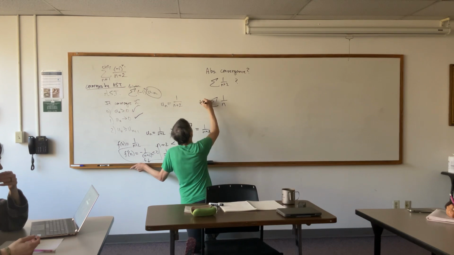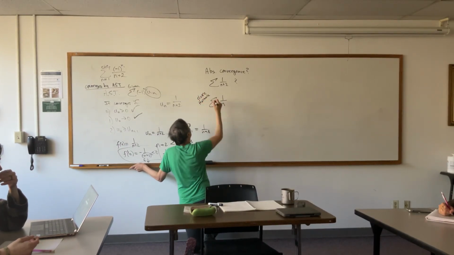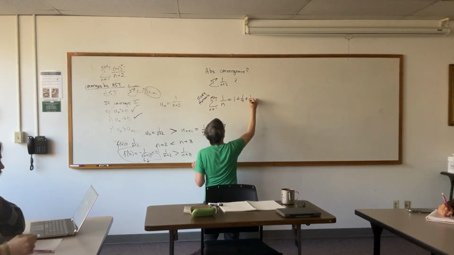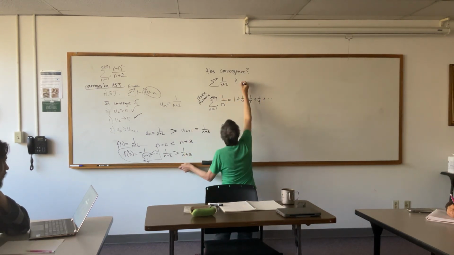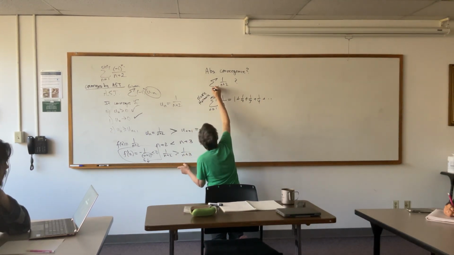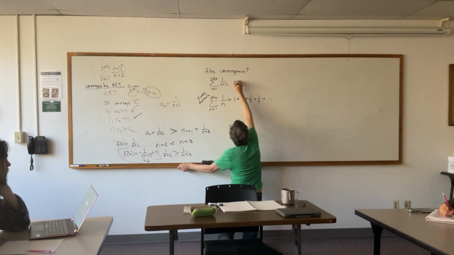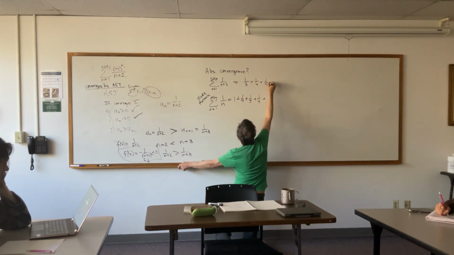So this is the harmonic, the classic harmonic, right? And we start at 1, and it looks like this. And we know that that diverges. This is basically the harmonic. It looks like I was starting at 1, so it's just missing a few things here. This turns into 1/3 plus 1/4 plus 1/5.